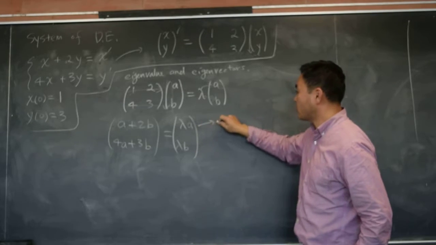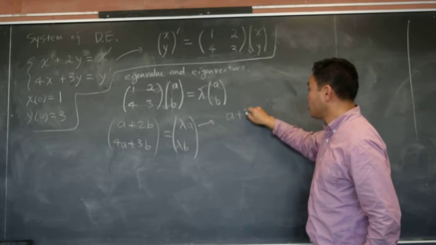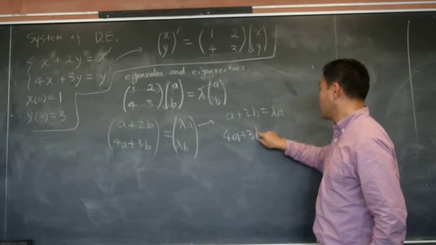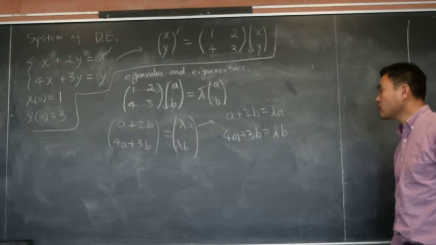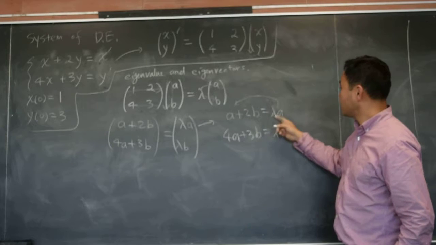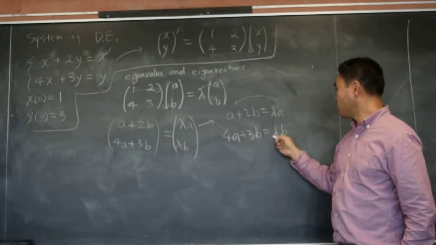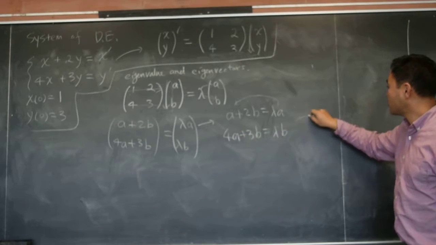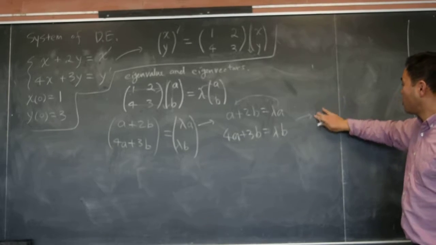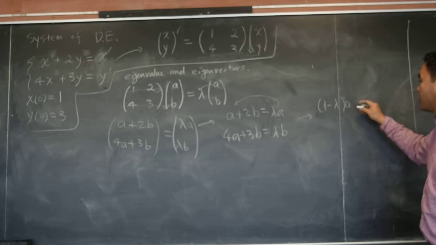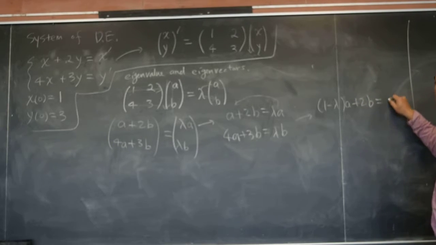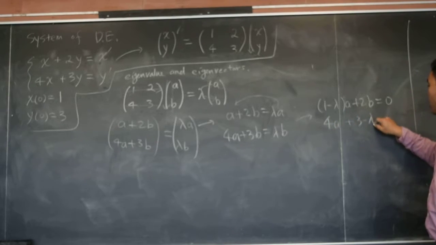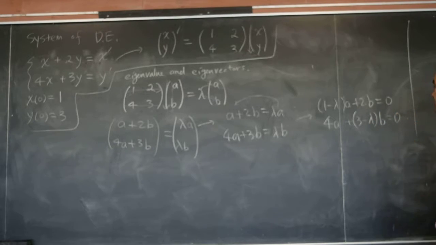So you end up with A plus 2B equal to lambda A, and 4A plus 3B equal to lambda B. Moving terms to the other side, you can transform this as 1 minus lambda times A plus 2B equal to 0, and 4A plus 3 minus lambda times B equal to 0.